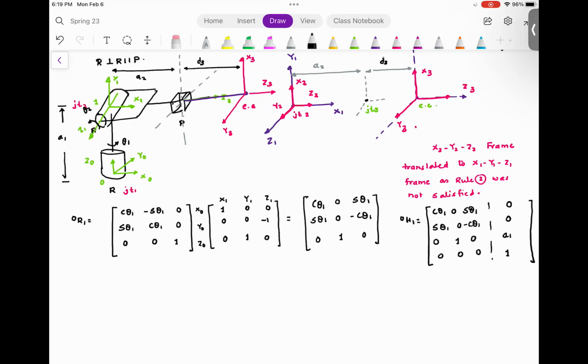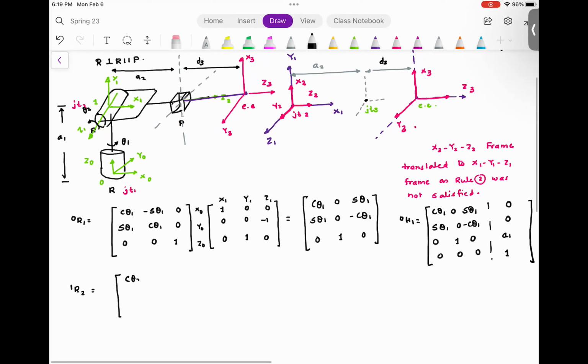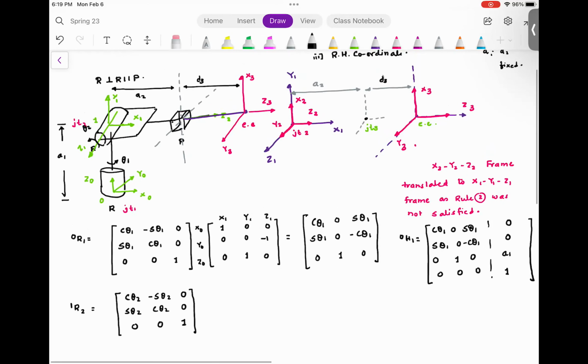Now what I need to do is 1r2, and in 1r2 again cosine theta 2, minus sine theta 2, 0, sine theta 2, cosine theta 2, 0, 0, 0, 1, and then you have to have the projection matrix, and the projection matrix is going to be something like x2, y2, z2, x1, y1, z1.